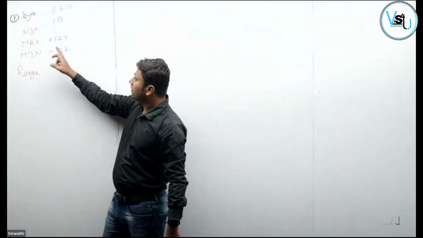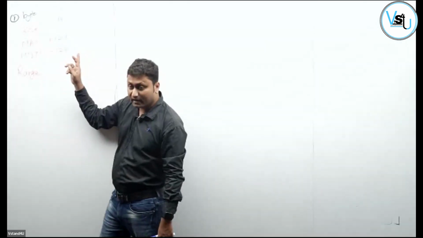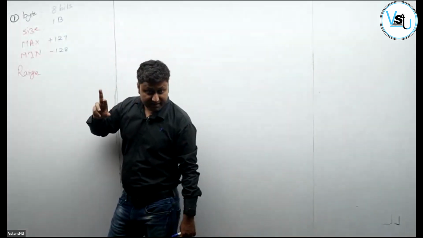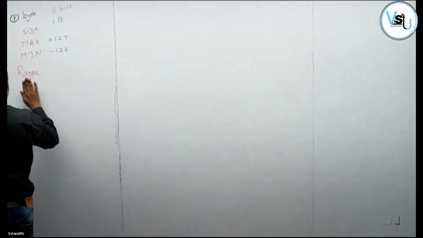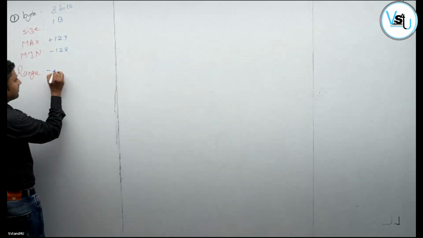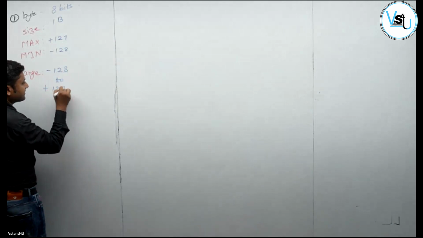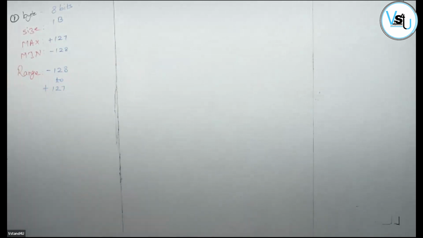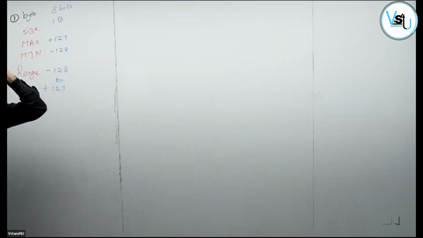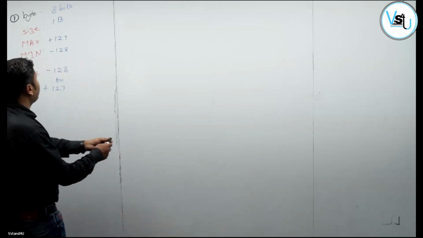If you observe, positive numbers end with 7 and negative numbers end with 8. The range starts from minus 128 to positive 127. So basically, the byte range starts from minus 128 and goes to 127.